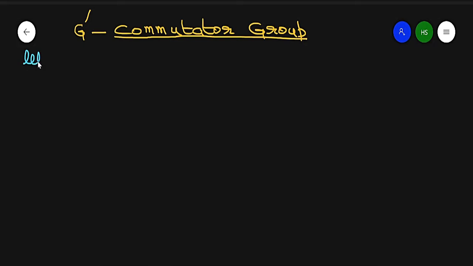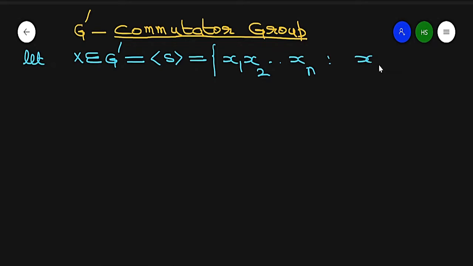If I take some element x belonging to G dash, which is generated by S, this can be written as a finite product x1, x2, ..., xn such that each xi or xi inverse belongs to S. What is an element of S? An element of S is a commutator.